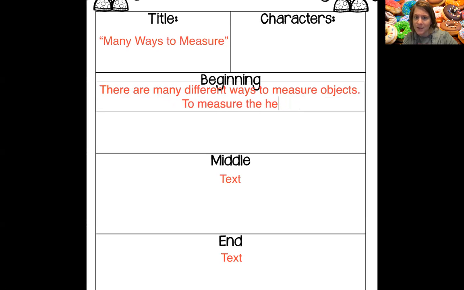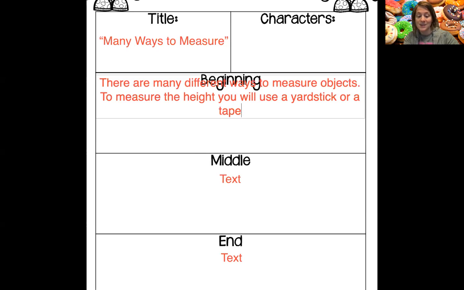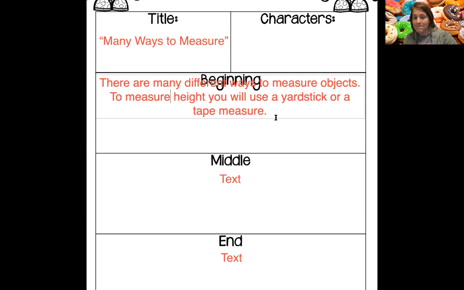To measure the height, you will use a yardstick or a tape measure. Okay, so to measure height, you will use a yardstick or a tape measure.